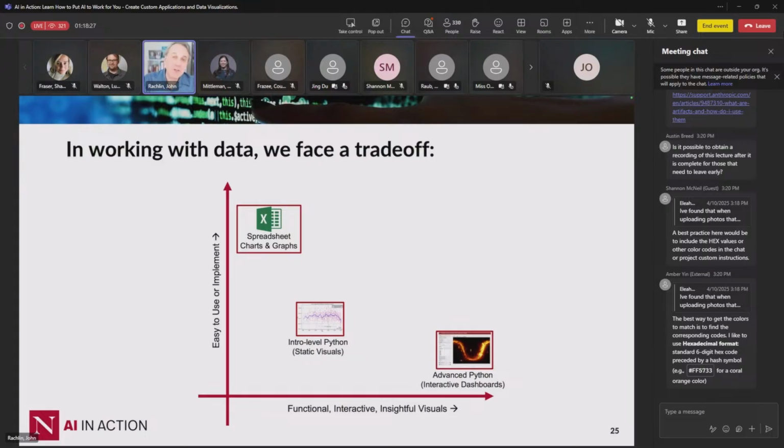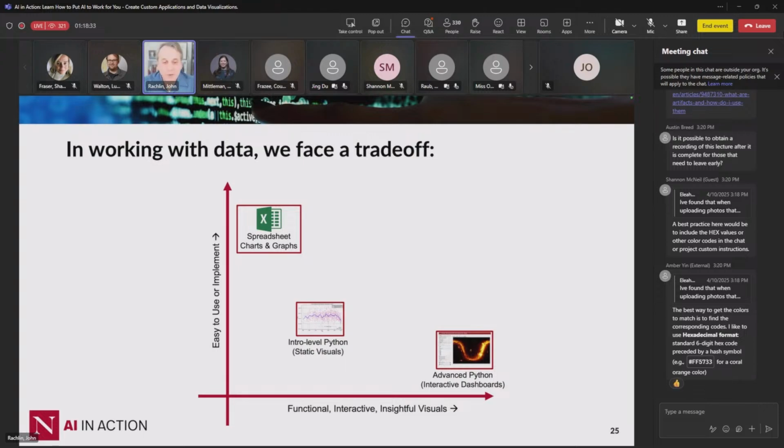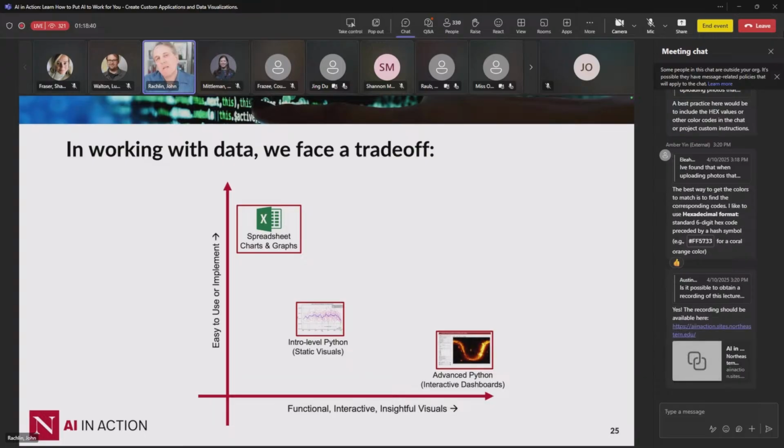And they know that, yes, you can create simple bar charts and line plots in a spreadsheet by following the right set of menu commands. As soon as you start to really try to build increasingly functional visualizations that are perhaps more interactive and ultimately more insightful about your data, then now you're really getting into the world of software engineering and data science best practices and ultimately writing code.